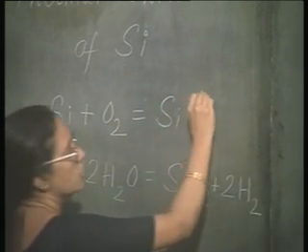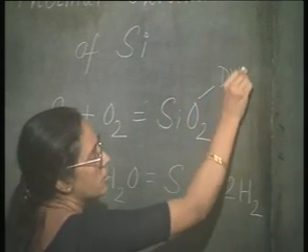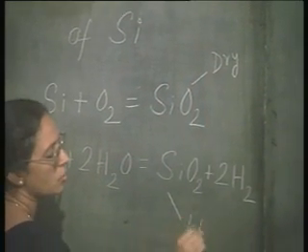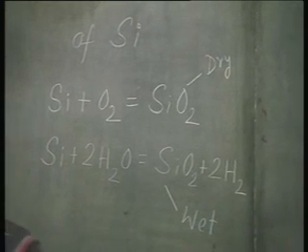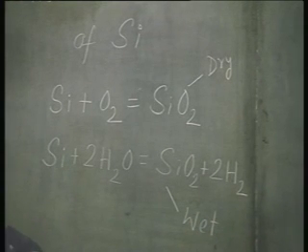This is usually referred to as dry oxidation and this is as wet oxidation. Names are self-explanatory, right? We will discuss more about the dry and wet oxidation later on.